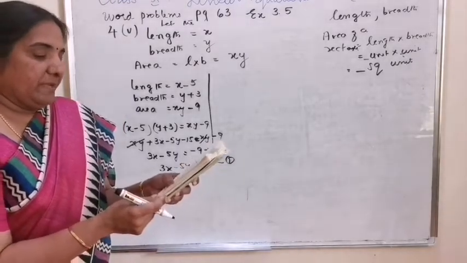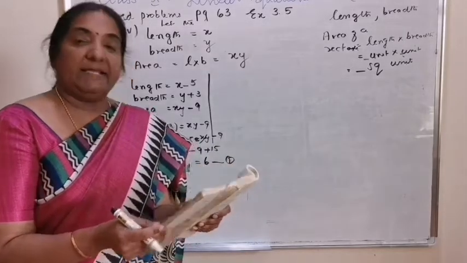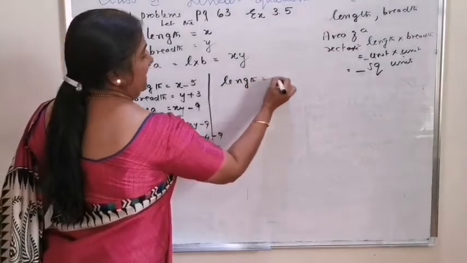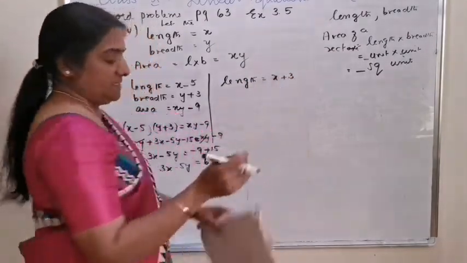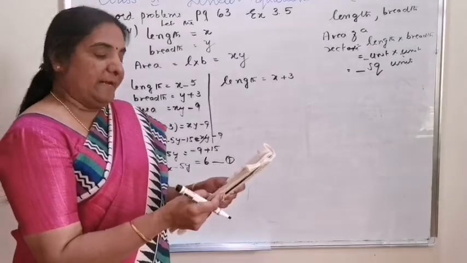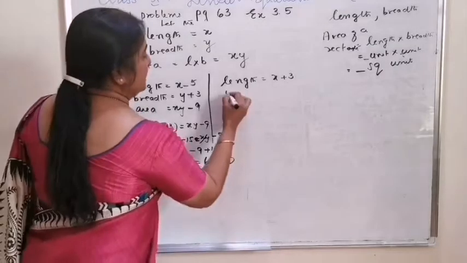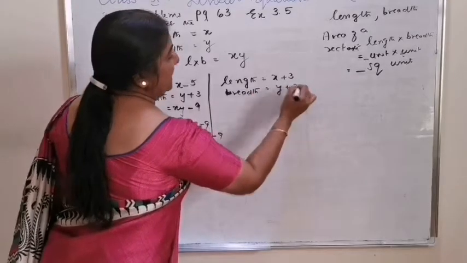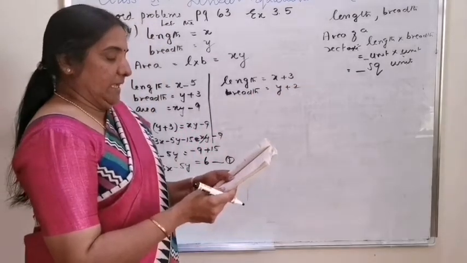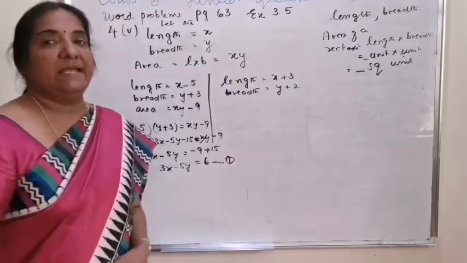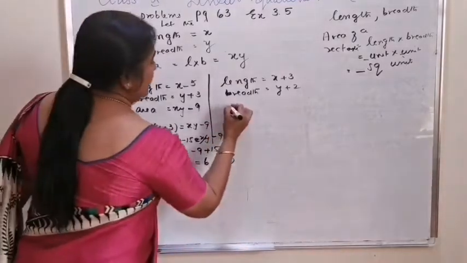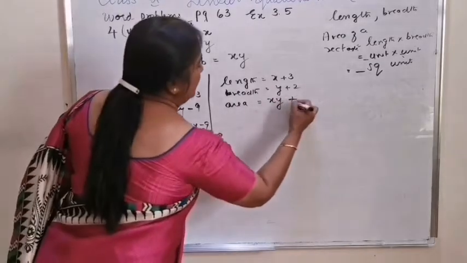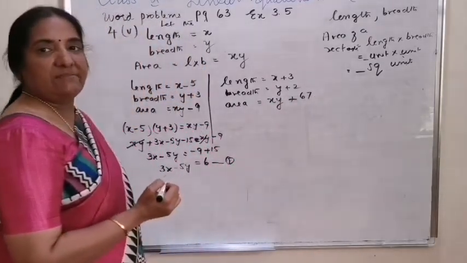Second equation: if we increase the length by 3 units and the breadth by 2 units, it is understood that the length is increased by 3 and the breadth by 2 units. The area also increases by 67 square units. So the original area was xy, and that got increased by 67 square units.